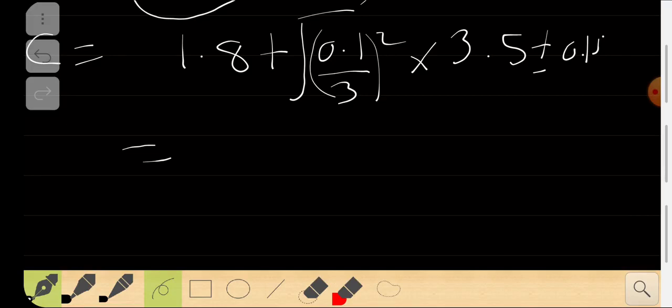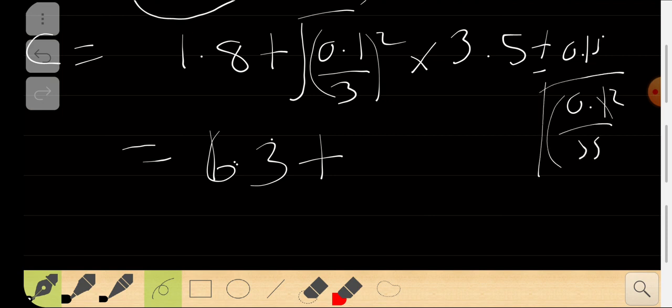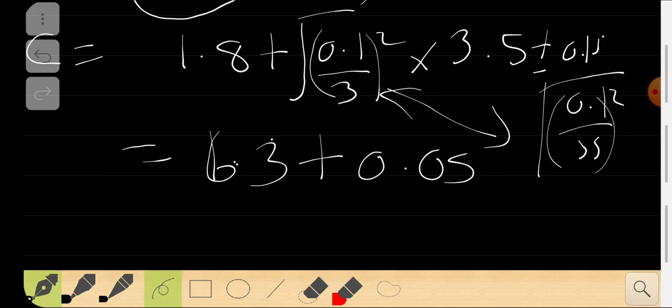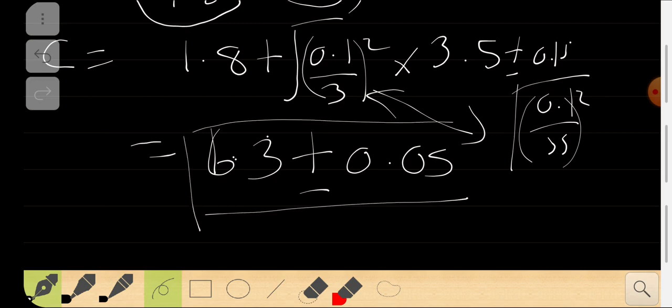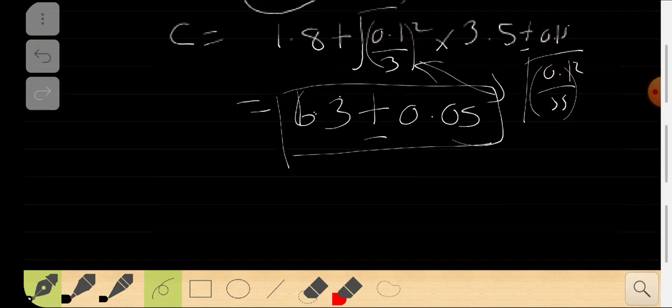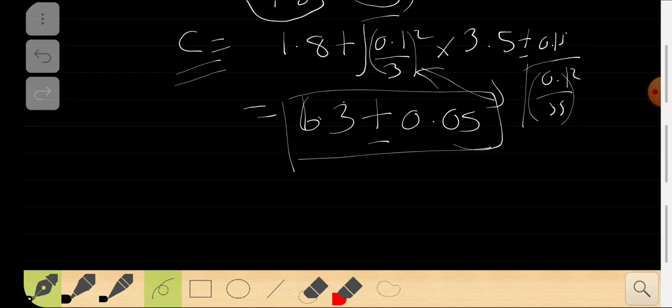You have to add 0.1 by 3.5, and you get 6.3, that is 1.8 into 3.5 equals 6.3, plus you again add 0.1 by 3.5, the whole square, along with this, and you get plus or minus 0.05 as the error on the constant value. So you have estimated a constant within the limit of an error, right?